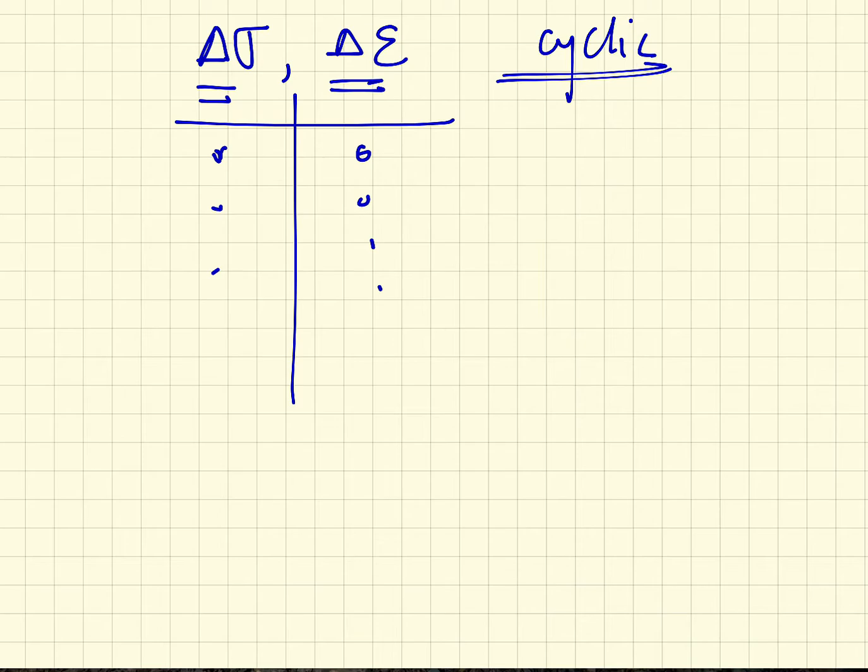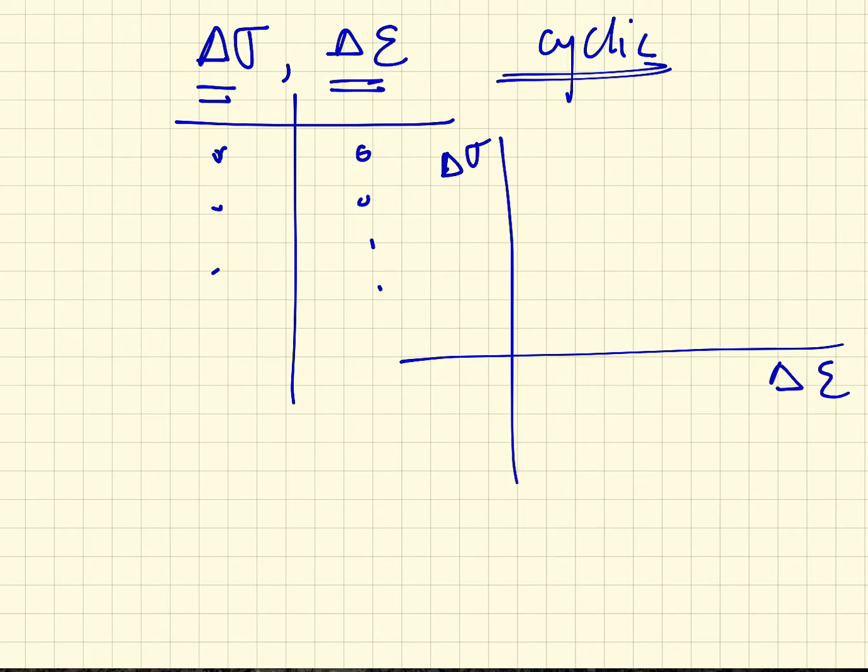So we'll get a relationship that looks like a stress strain diagram. You will have delta sigma and delta epsilon, and the results now would have a linear part, and then it will be going like this until you get failure.